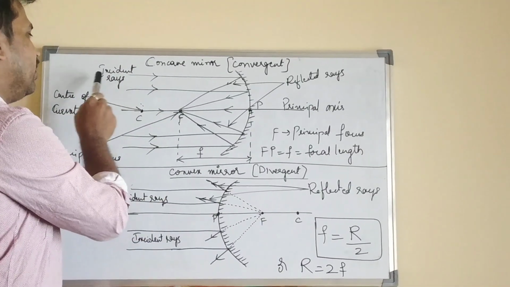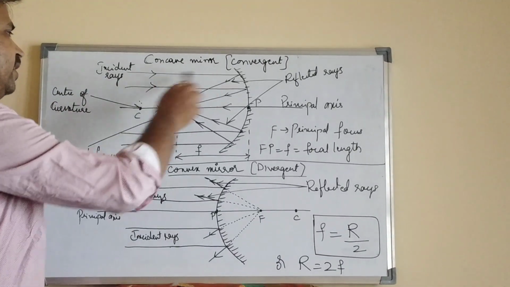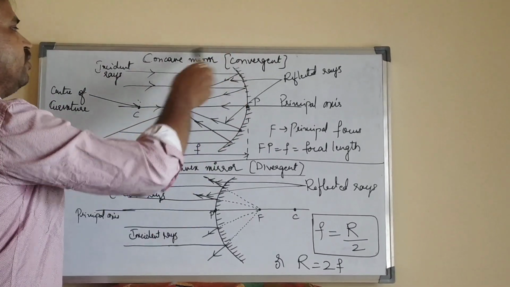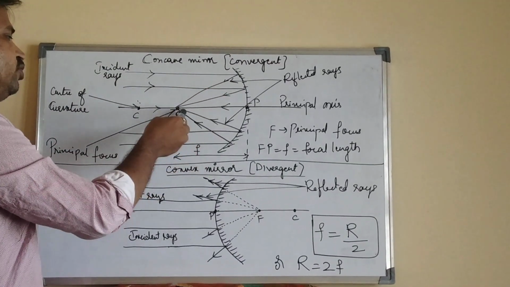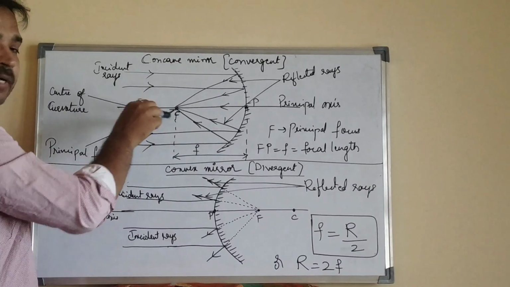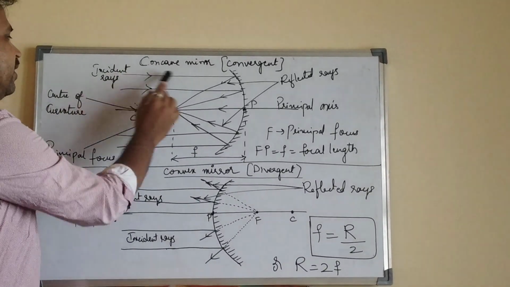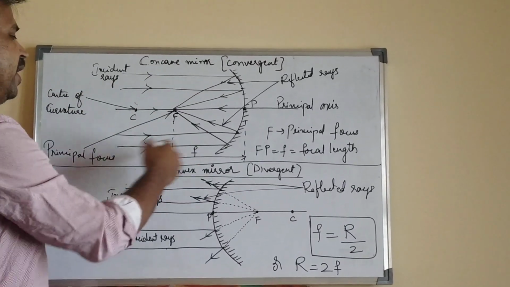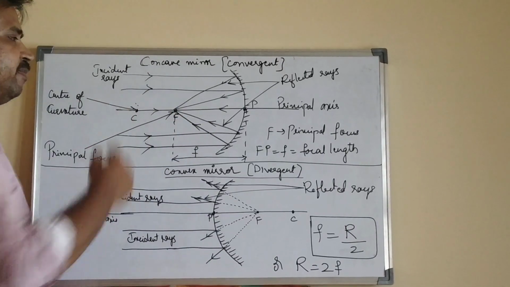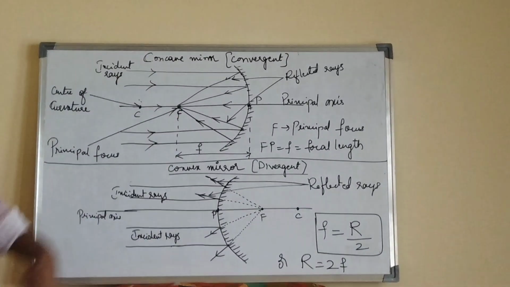I repeat, all the reflected rays should meet at capital F. What is that F? Principal focus. You can see here there are many incident rays above and below the principal axis, and they are getting reflected through the principal focus. Compulsorily it should go through the principal focus.